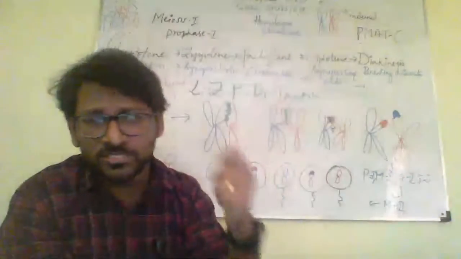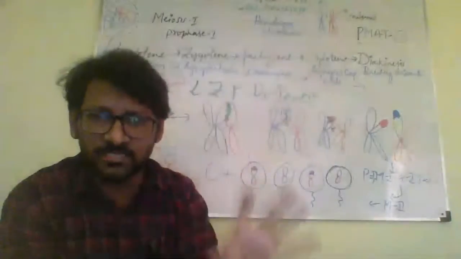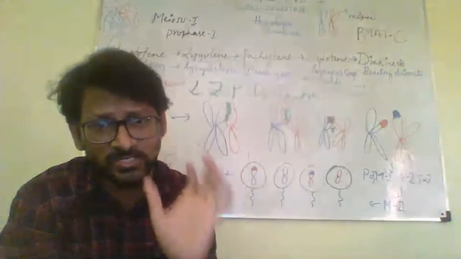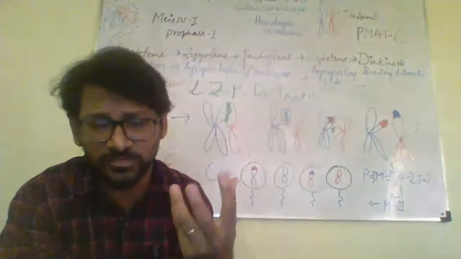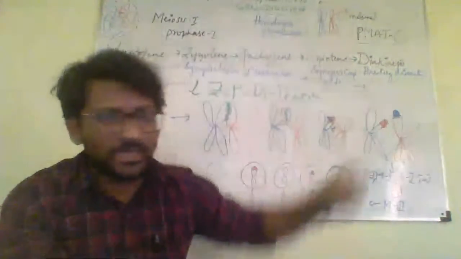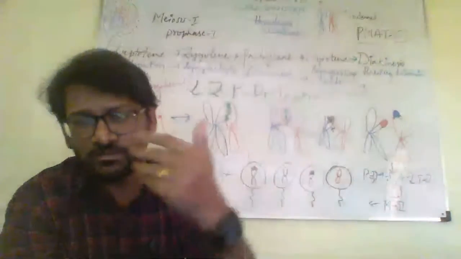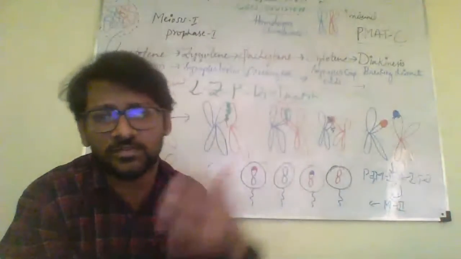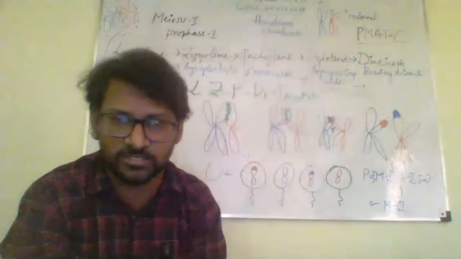At the same time, meiosis 1 and prophase 1 are the main important aspects: where chiasmata form, where bivalents form, where exactly chiasmata break during diakinesis, then reduction division, then equatorial division, finally formation of gametes and the significance.